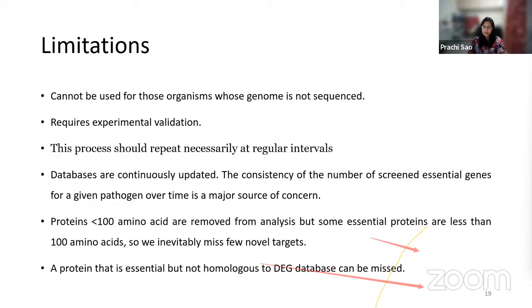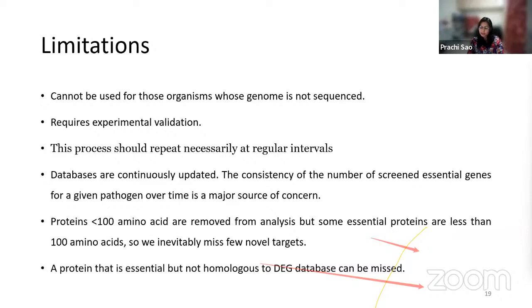That is very important. Then in this study we don't take proteins which are less than 100 amino acids, so we also lose some important proteins here. And some proteins we filter as non-essential, maybe due to lack of annotation or lack of completeness. So at that time also we are missing some.